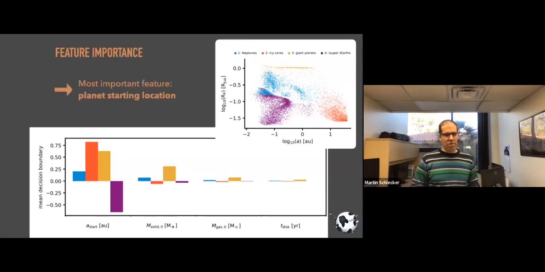And so from this plot, you can see very clearly that the variable that most strongly defines what type of planet will be built is the location where the cores form. So this is the initial placement, the initial orbital distance of a planet embryo to its host star. So the next generation of synthesis models should recognize this by including a self-consistent treatment of planet embryo formation.